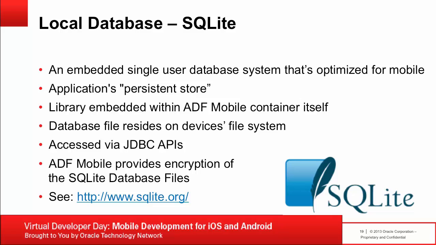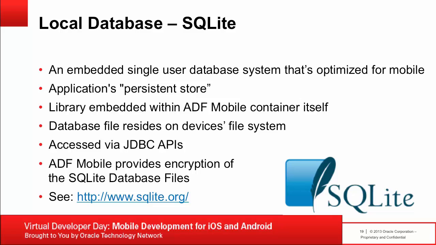Okay, now let's look at how to cache data locally on the device. Local data would typically be cached in a SQLite database that resides on the device. So let's first understand what a SQLite database is. SQLite database is an embedded single user database that's optimized for mobile. It is lightweight and quick to create and is available on all major mobile platforms.